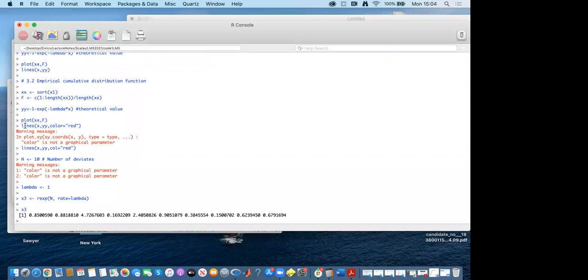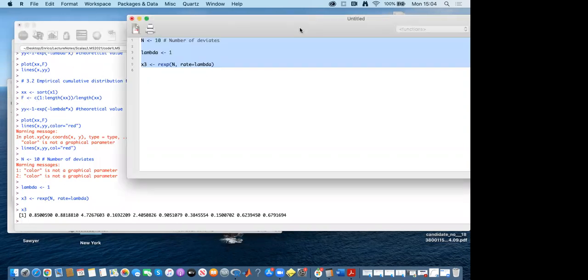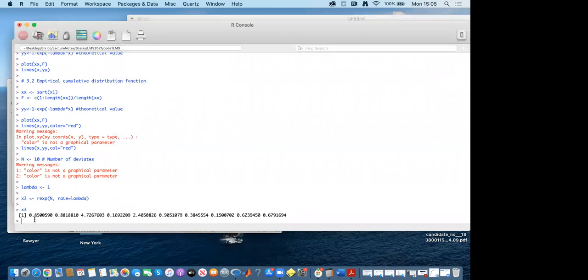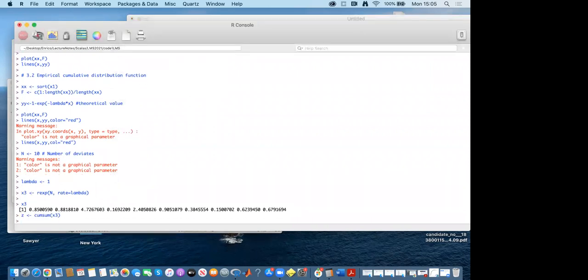And now it is very nice because our z would just be the cumulative sum of x. Oops. And if I run this, I see what I get.